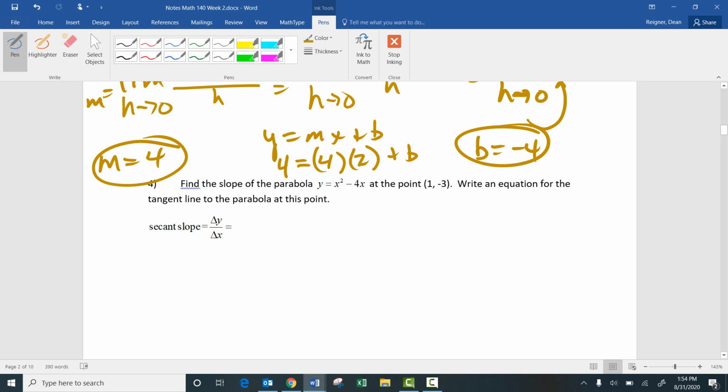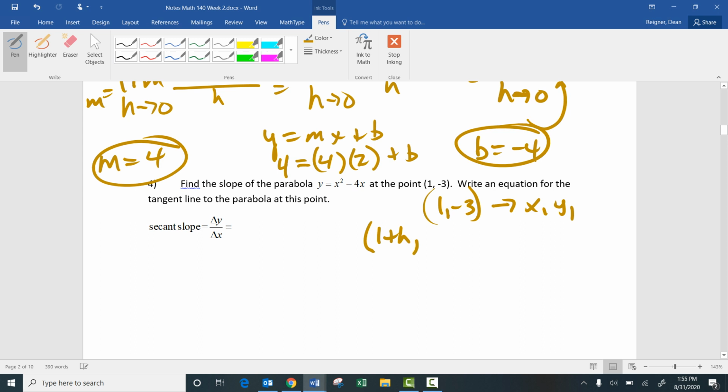Okay, so our first point is 1 comma negative 3. That's x1 and y1. And then our other point is we're going to plug in 1 plus a little bit away from 1, which we're going to call h.